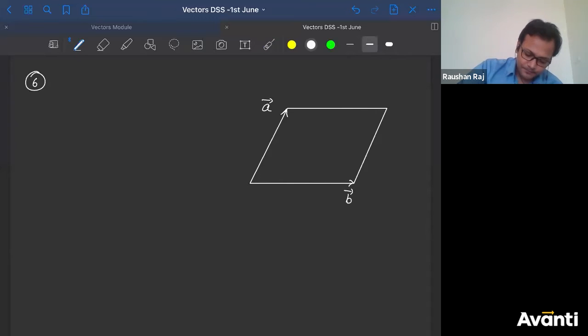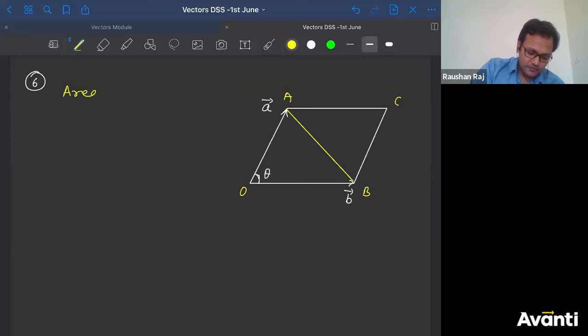Let me consider this angle is theta. Now tell me, if I join these two points, where this is O, this is A, this is B, and this is C.